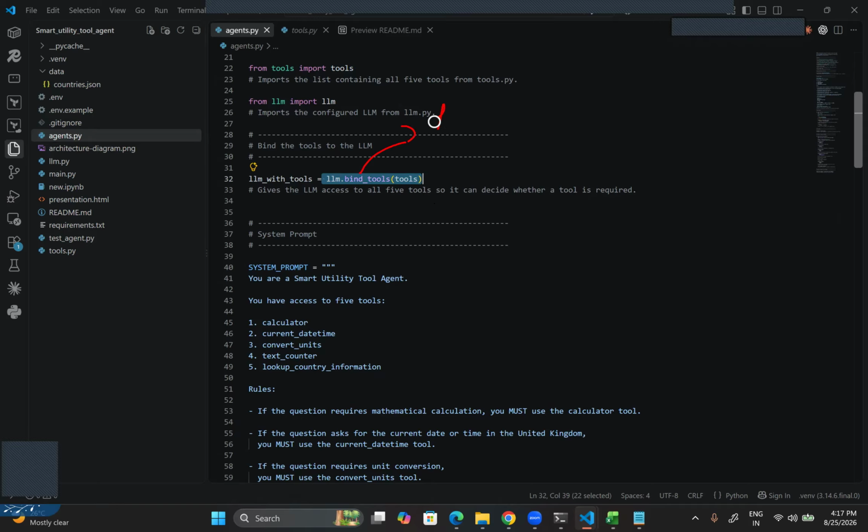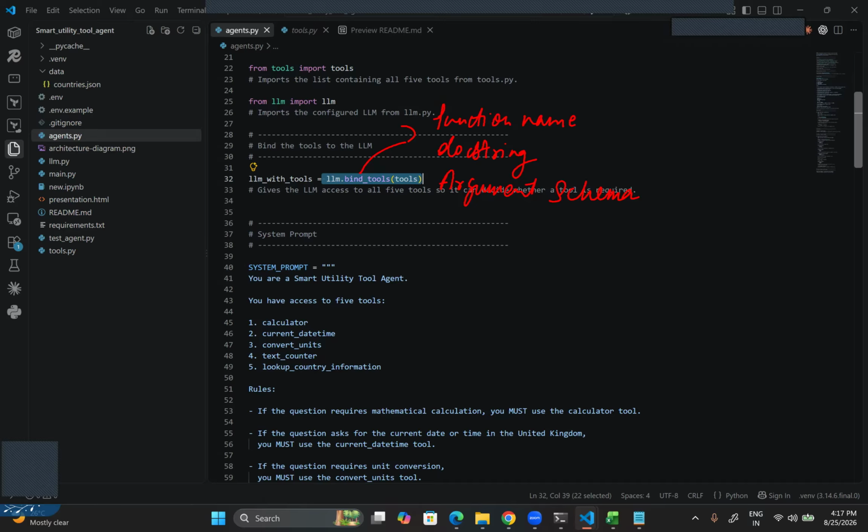This sends the function name, docstring, and argument schema to the model on every call, so it can emit a structured tool call instead of free text.